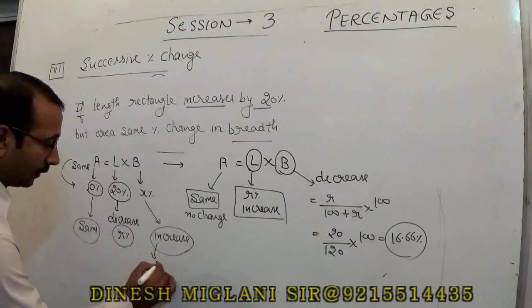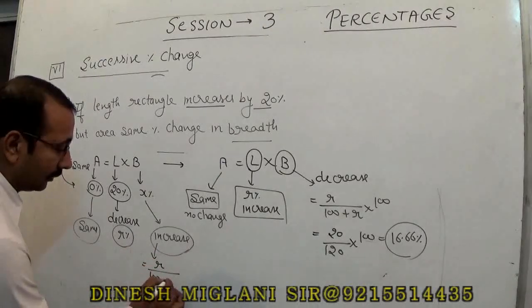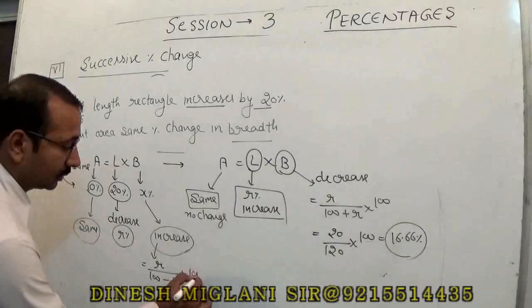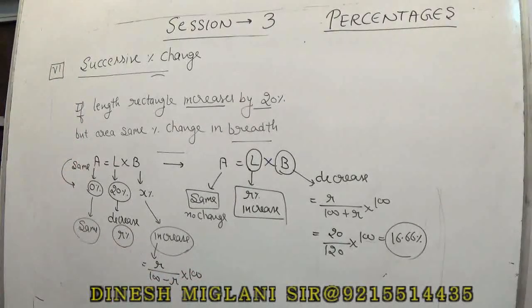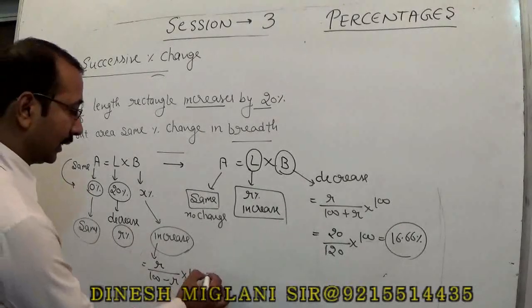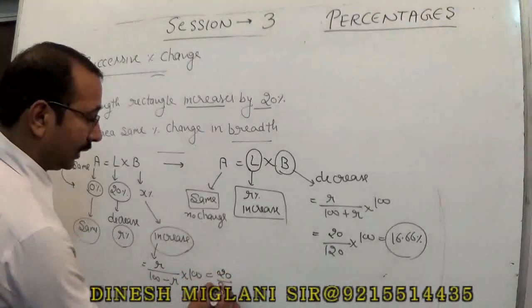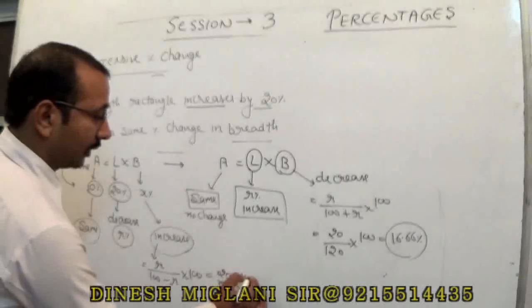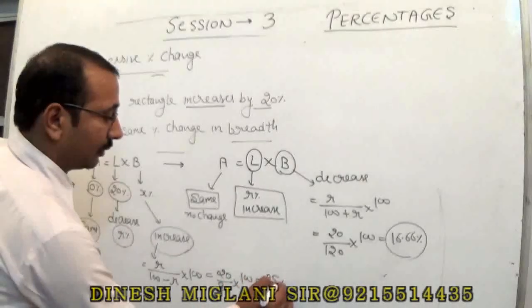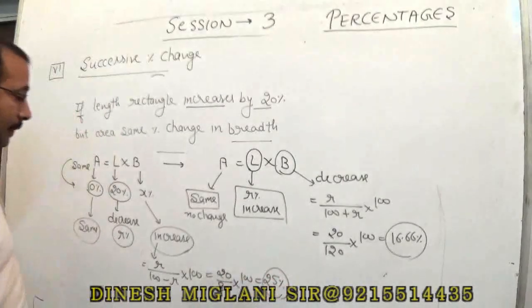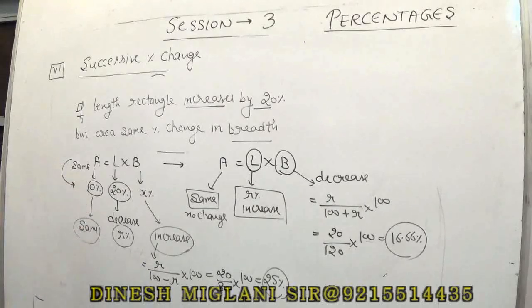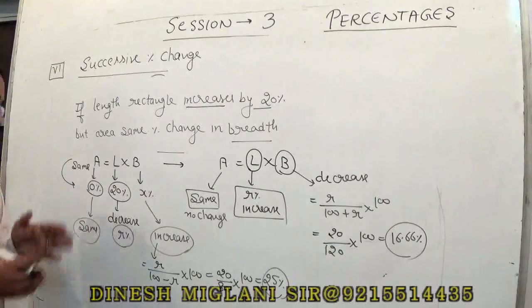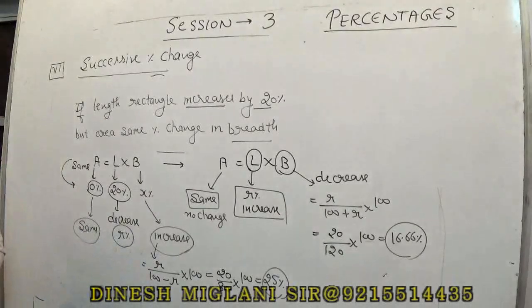It should be r divided by 100 minus r into 100. That becomes your answer. So in this question, it is given that length decreases by 20%. So you make it 20 upon 80 into 100, 1 by 4. The answer is said to be 25%. So you can say your breadth must increase by 25% so that the total area will remain the same.